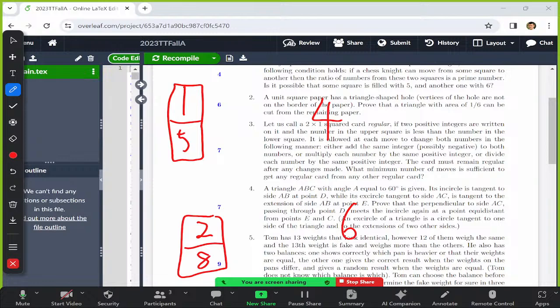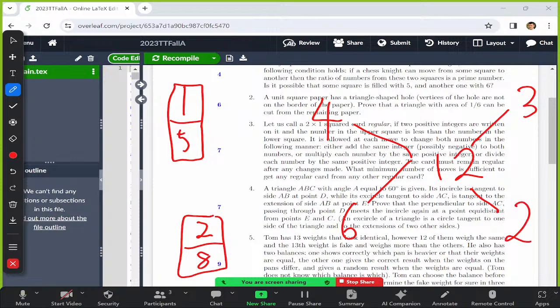Then I can take the lowest common multiple of these two numbers, which is 12. Then I do 12 divided by 4, which is 3, and 12 divided by 6, which is 2.